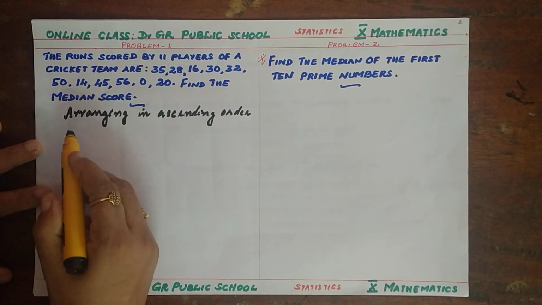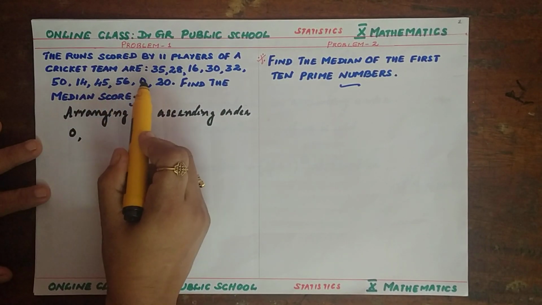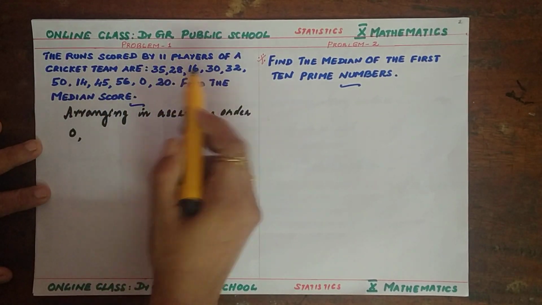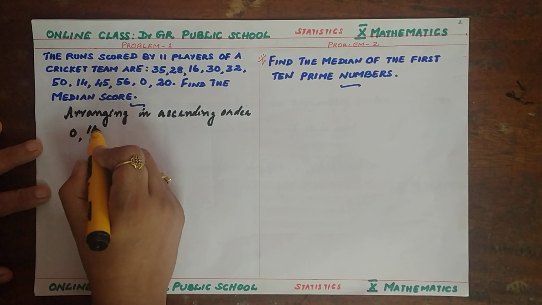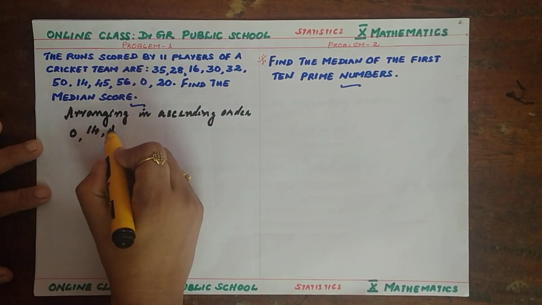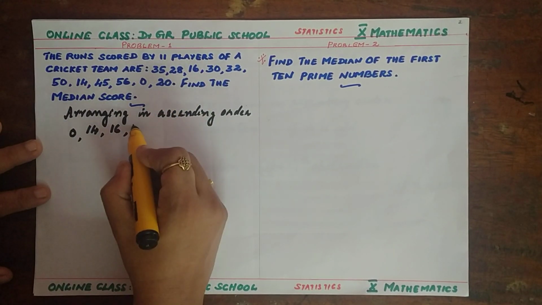Which observation will come at first? 0. Which is the next observation after 0? 14. Then which is the next observation? 16. Then the next observation is 20.